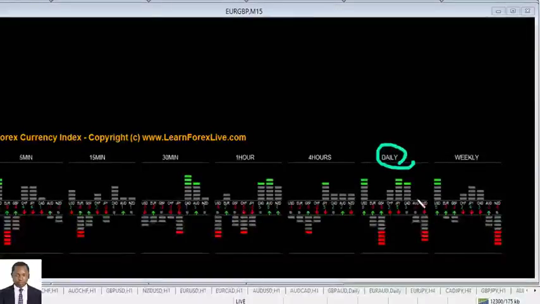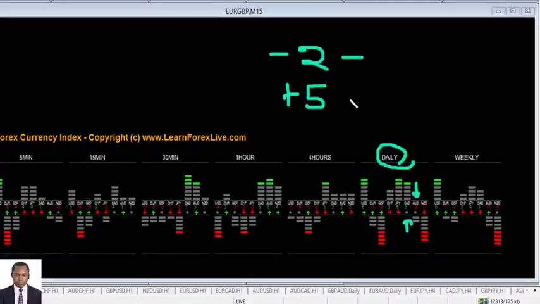Daily time frame, Australia dollar is -2, not really weak. That is not absolute weakness. Canadian dollar is +5. Okay, this is absolute strength, but not absolute weakness.